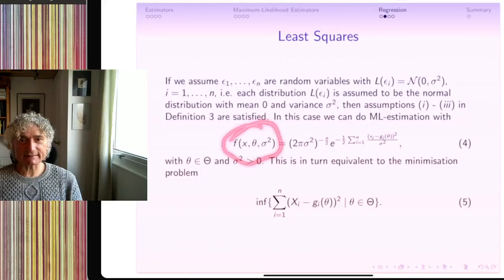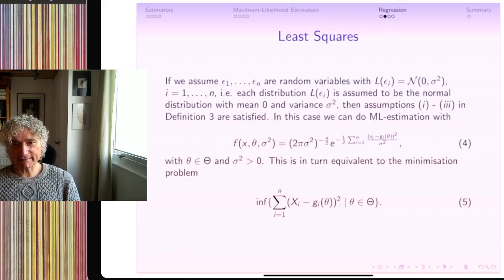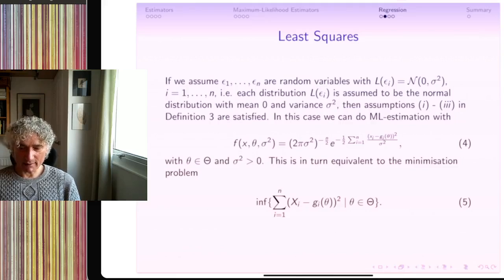So the density is given by 2 pi sigma squared to the power minus n over 2 times e to the power minus 1/2, the sum from i equals 1 to n of the difference between xi and gi of theta to the power 2 divided by the variance sigma squared, where theta is in the parameter set Theta and sigma squared, the variance, is positive.